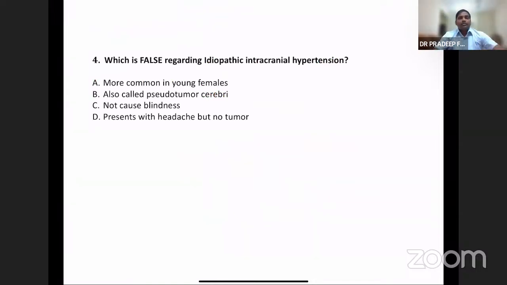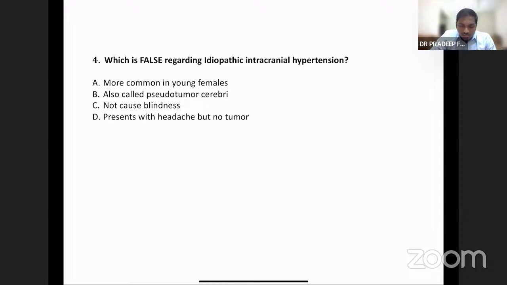Right. So now let's move on to the next question. Which is false regarding the idiopathic intracranial hypertension. For this, you should know about the CSF pathology, CSF production, what are the causes for raised intracranial pressure, what are the methods to treat the raised intracranial pressure, as well as the other types of intracranial hypertension.